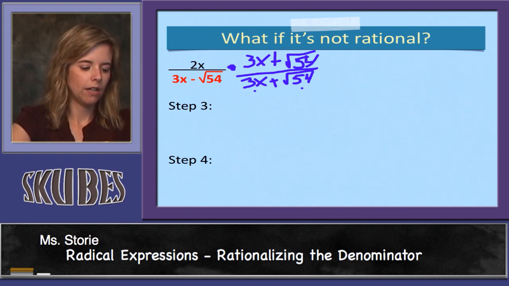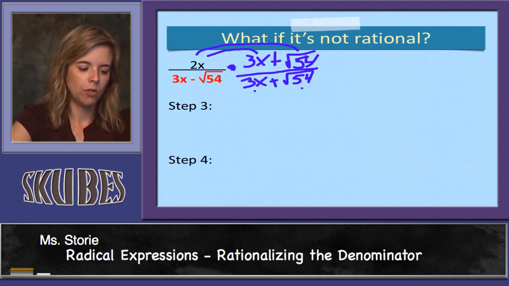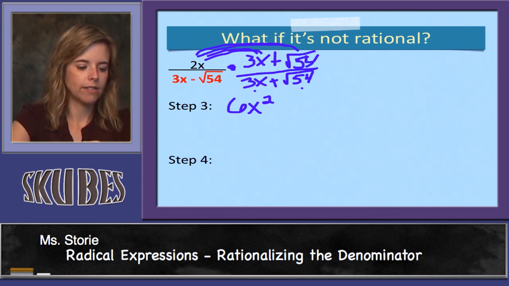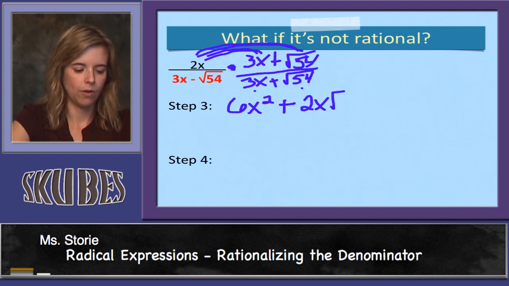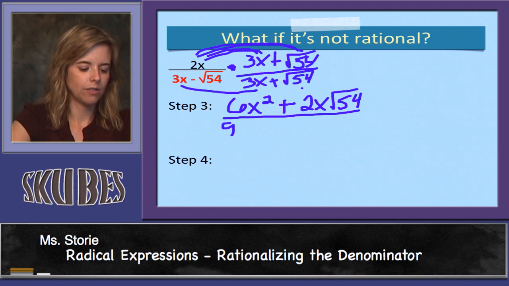Now when we do that, let's do the numerator first, a little easier. It's just distribution. On the numerator, you're going to have 2x times 3x, so you're going to have 6x squared. Then you're going to have 2x times radical 54, and they're both positive, so it's going to be a positive 2x radical 54. Now on the bottom, you're going to have 3x times 3x, which is 9x squared.